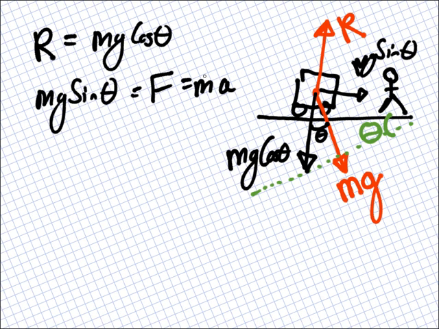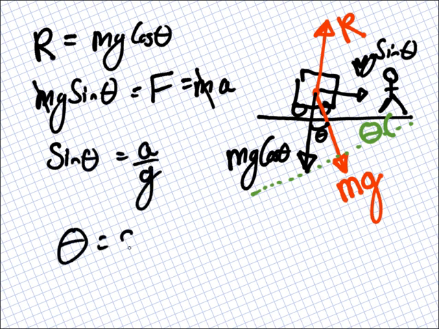So the m cancels, and you get sine theta equals a over g. So theta is sine inverse of a over g. What's the a we worked out? 2.96 over 9.81, which gives 17.6.